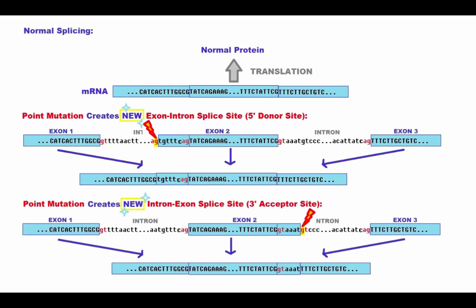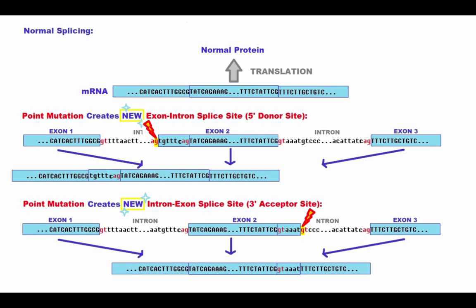So again, let me show you this. This illustration right here at the top reiterates to you that this normal messenger RNA will be translated into a normal protein.